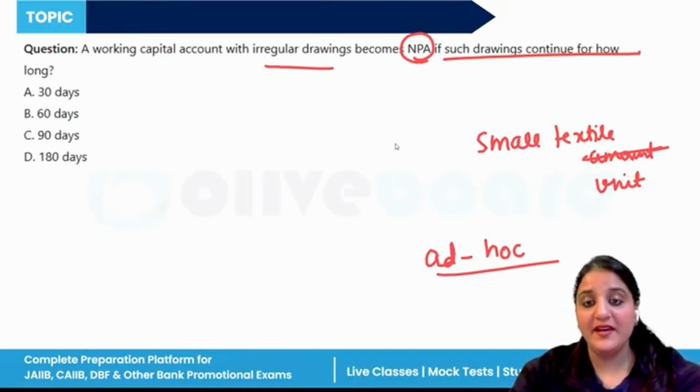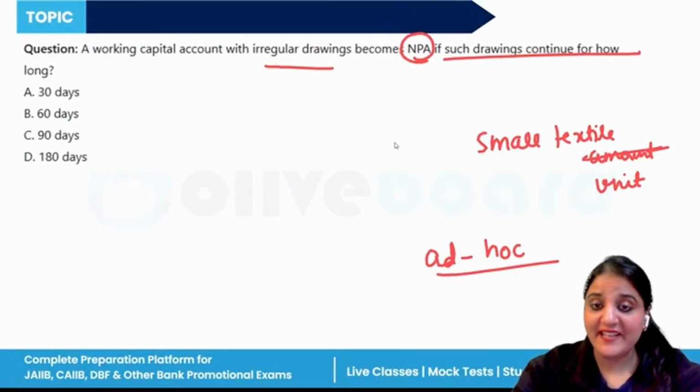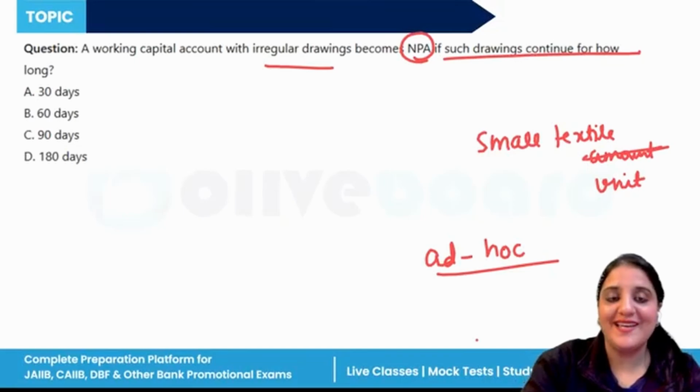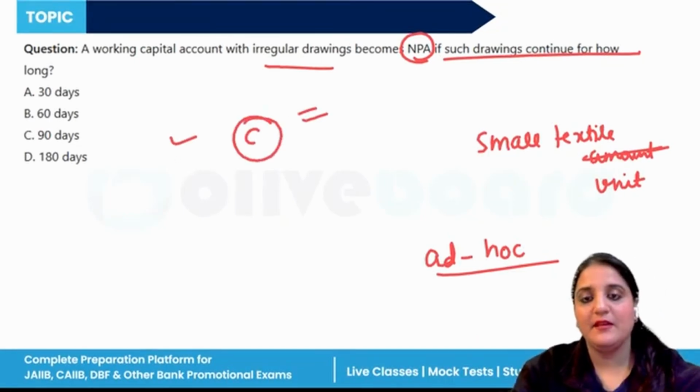Here, as per the RBI guidelines, temporary deficiencies are tolerated. But if irregular drawings continue for 90 days, the account is classified as NPA. So the correct answer here is option C, 90 days.